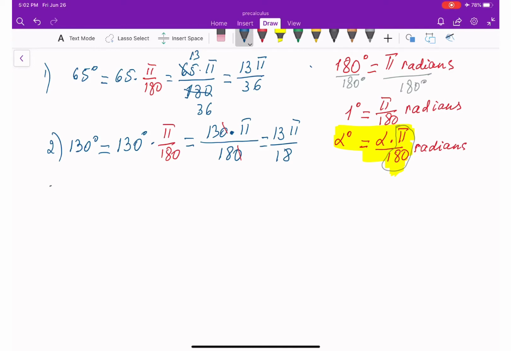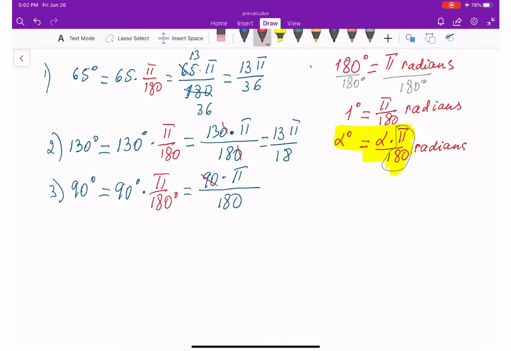Next one, 90 degrees. 90 degrees times pi over 180. And that is equal to 90 times pi divided by 180.